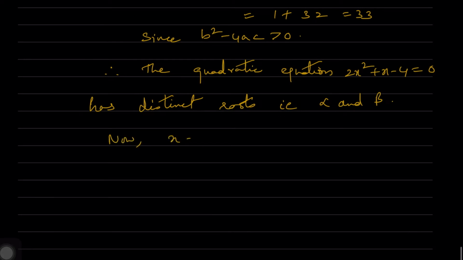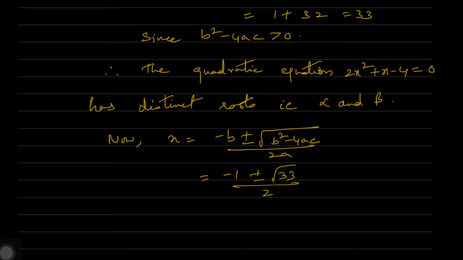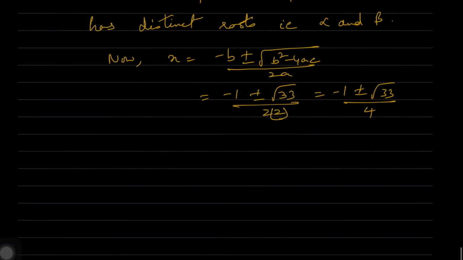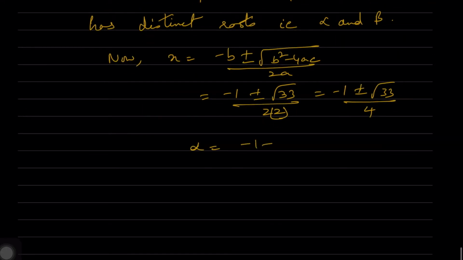Now x is equal to minus b plus or minus root of b square minus 4ac by 2a, which is equal to minus 1 plus or minus root of 33 by 2 into 2, which is equal to minus 1 plus or minus root of 33 by 4. So alpha is equal to minus 1 plus root of 33 by 4, and beta is equal to minus 1 minus root 33 by 4.